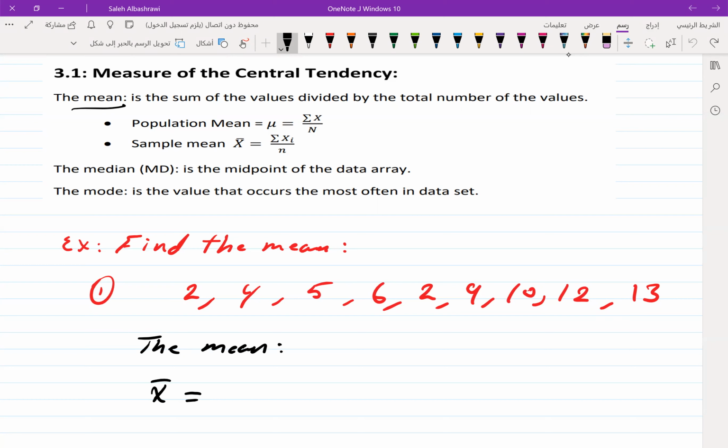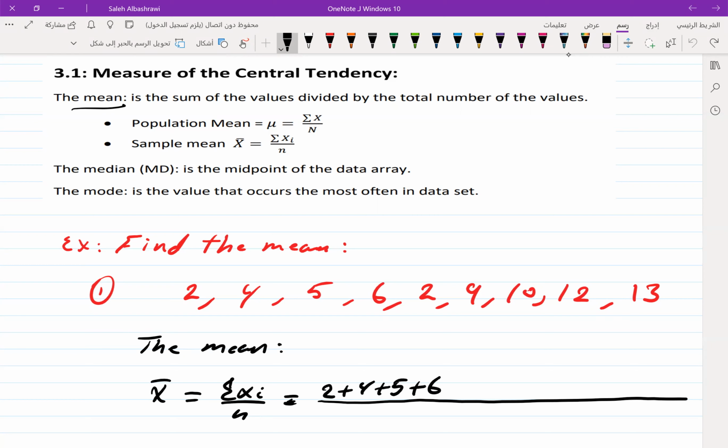So the mean is x bar equal to sigma of xi divided by n, which is equal to the sum of these numbers: 2 plus 4 plus 5 plus 6 plus 2 plus 9 plus 10 plus 12 plus 13 divided by the number of these values.